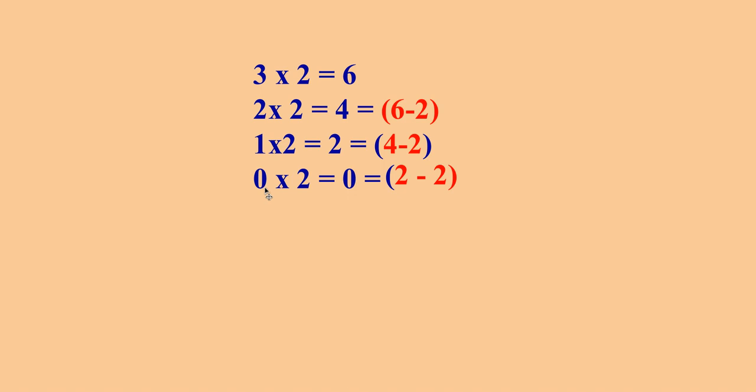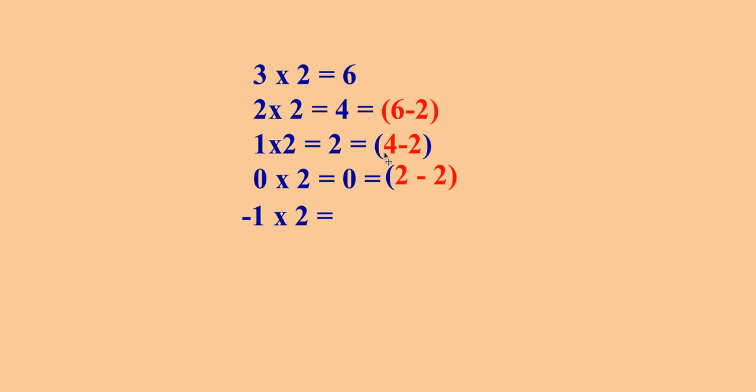Next, let me multiply with negative 1. What is negative 1 into 2? Here you got the answer by subtracting 2 from the previous product. That is from here you got 4 from 6 minus 2.